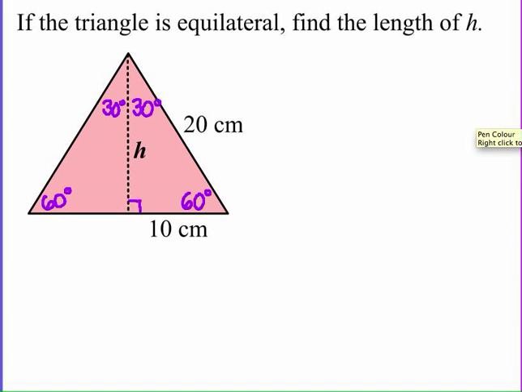Okay, and then how would I find H? H is actually root 3 times my shortest side. So what would H be in that problem? 10 root 3.